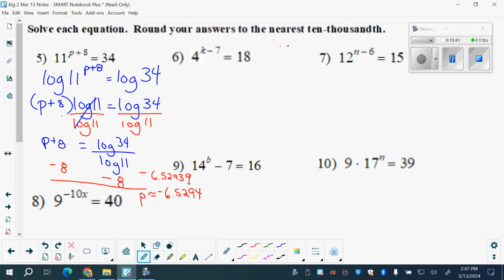When we round that, it's negative 6.52939, so that would round to negative 6.5294. Does that make sense?